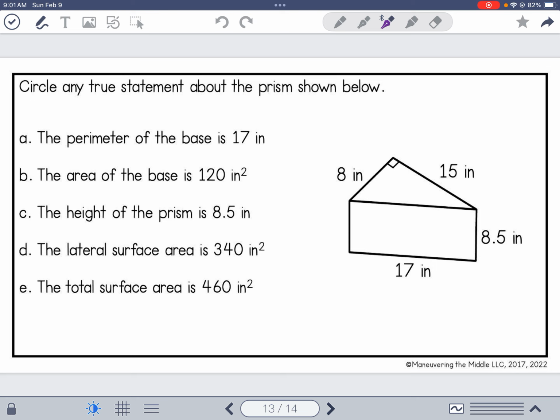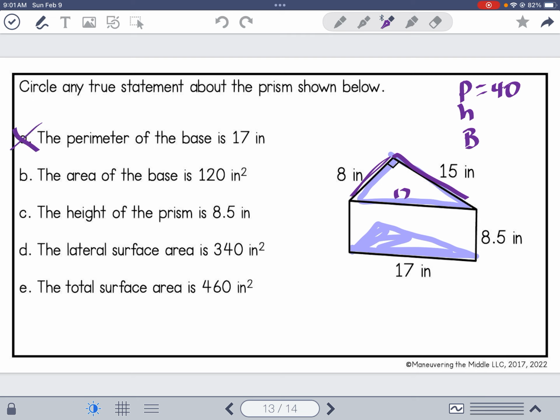And you know I love these. Circle any true statement about the prism shown below. So we probably need to do P, H, big B. Here are my bases. So we have 8, 15, and 17. So let's add those together. 8 plus 15 plus 17 is 40, is what I got.